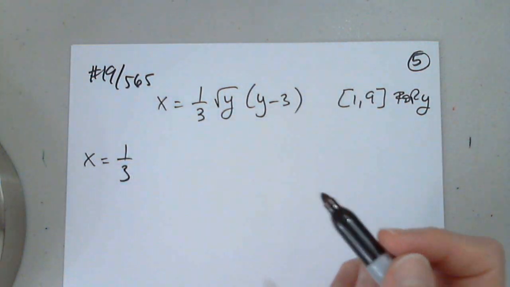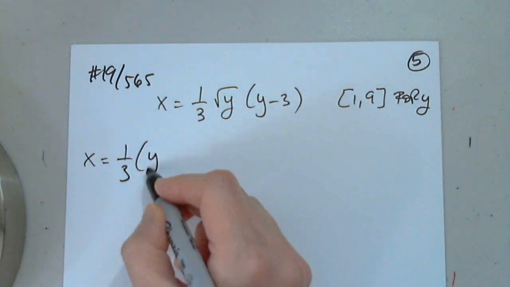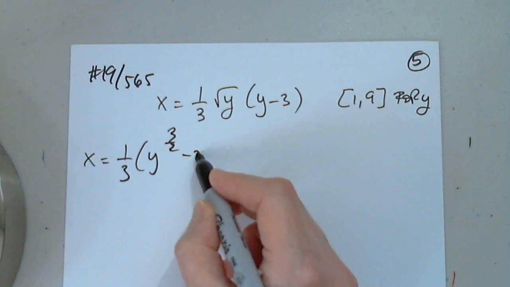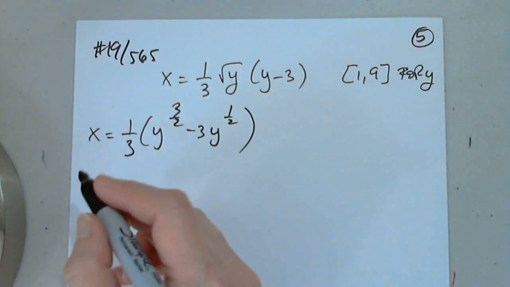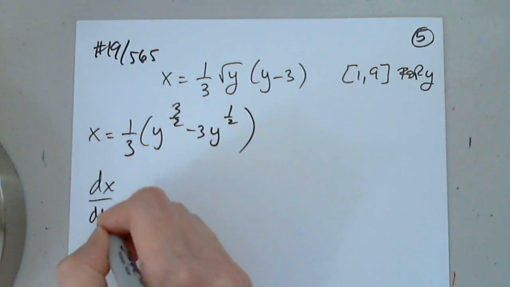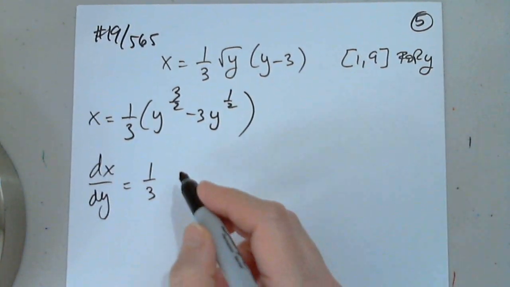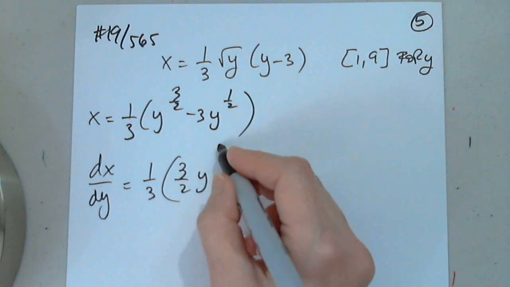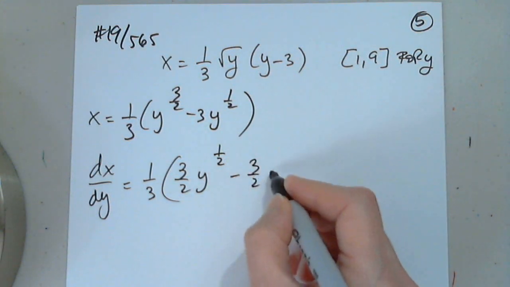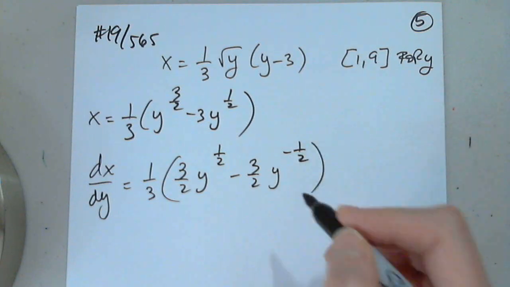Okay, so 1/3, I will distribute y to 3/2 minus 3y to 1/2. I am going to differentiate, so dx over dy equals 1/3, 3/2 times y to 1/2 minus 3/2 y to negative 1/2.